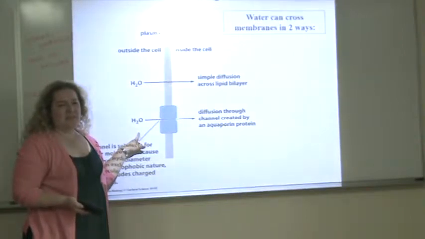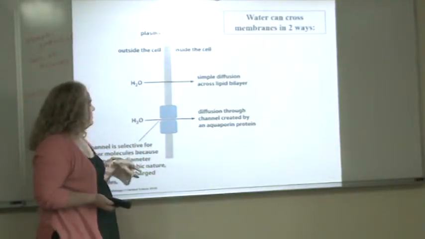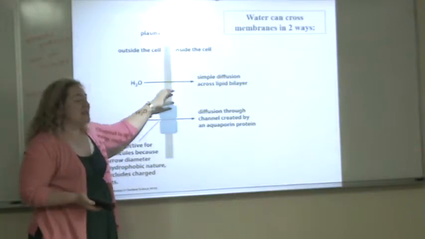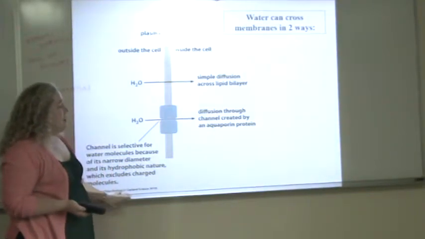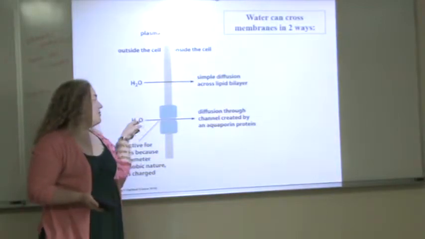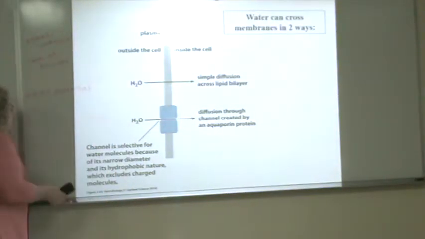I think these are in kidney tubules too, right? Do I remember that right? I think they are. So if water cannot get in fast enough through the membrane, certain cells can create aquaporin channels that are the perfect size for water to rush through even faster. That's more of just a fact slide.